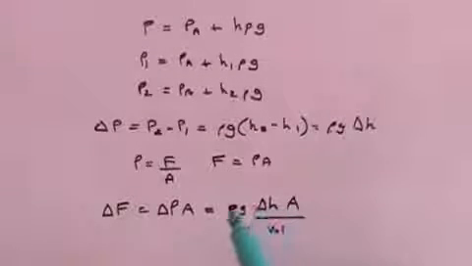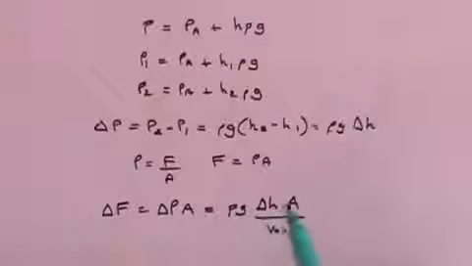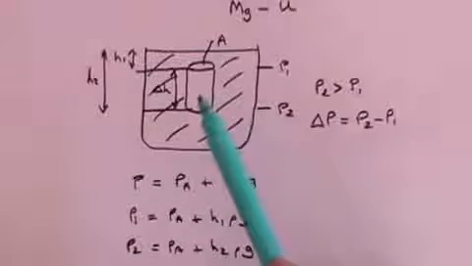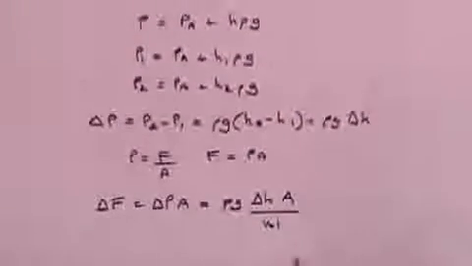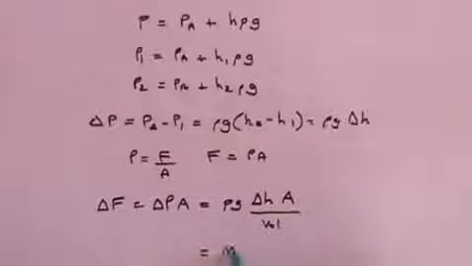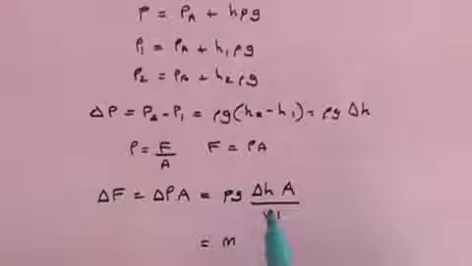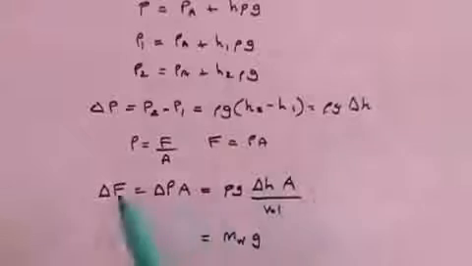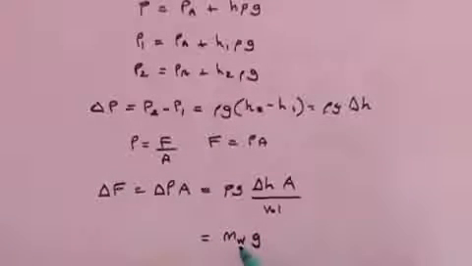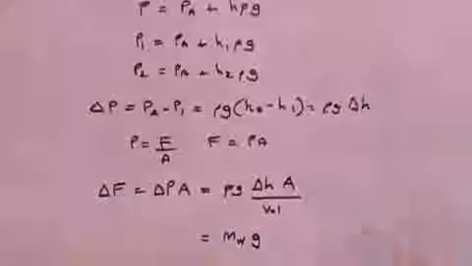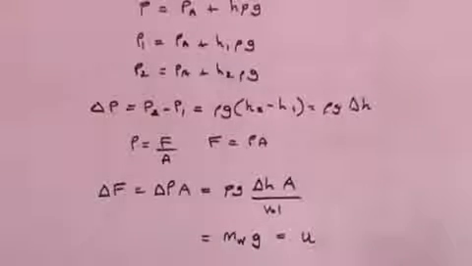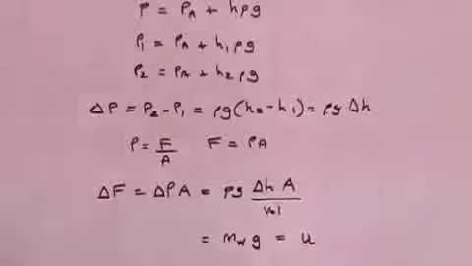If you multiply that volume by the density of the fluid, in this case water, then you get the equivalent mass of that volume of water. And so this now simply becomes the mass of the water displaced times G. And so you now say that the upthrust is simply the mass of water displaced times the gravitational force. And that is known as the upthrust.